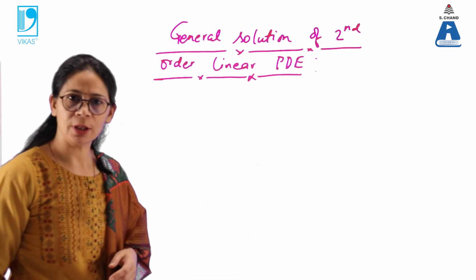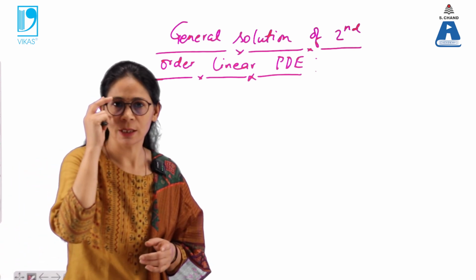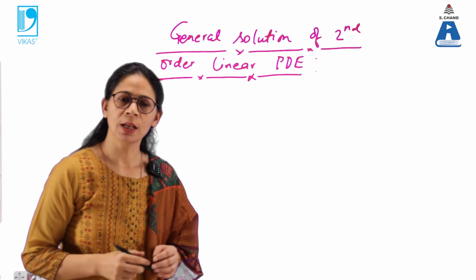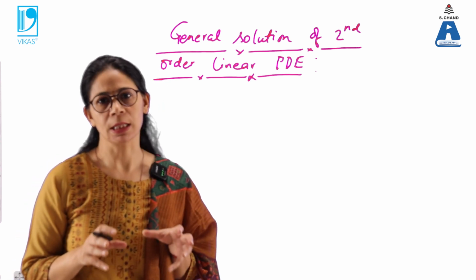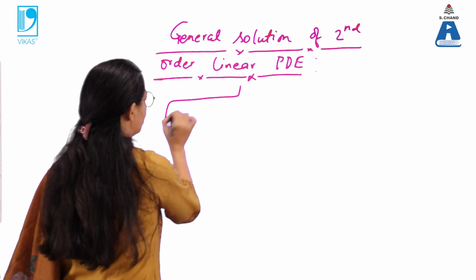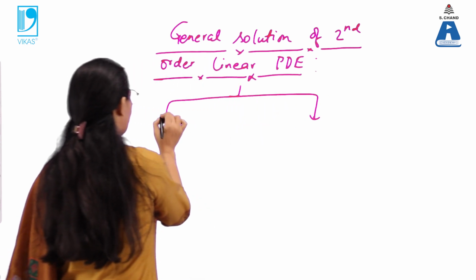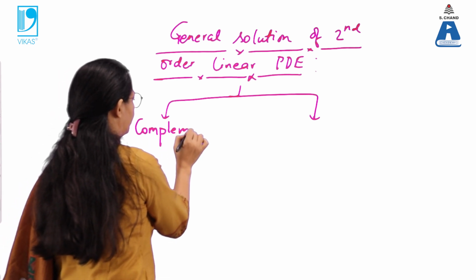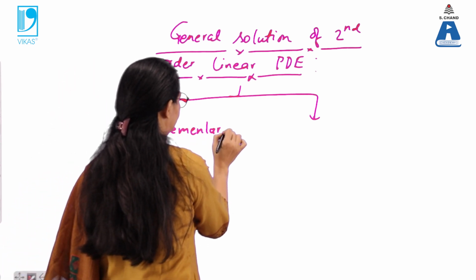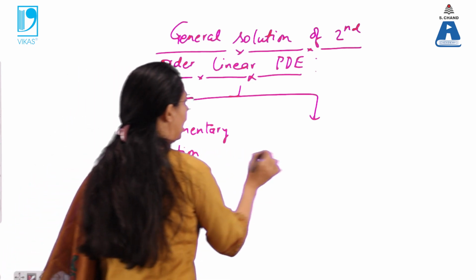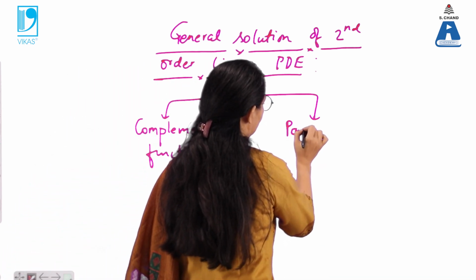So general solution, as we have already discussed for ordinary differential equation in our previous videos, consists of two parts. One is complementary function, and another part is particular integral.